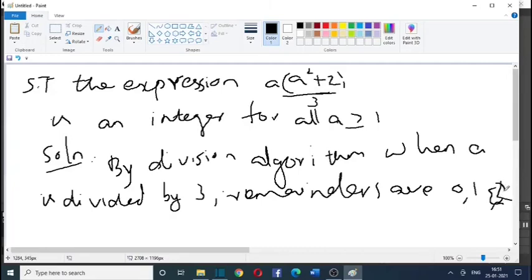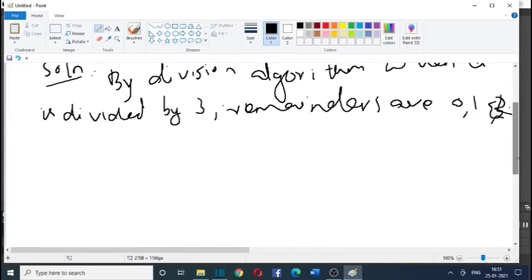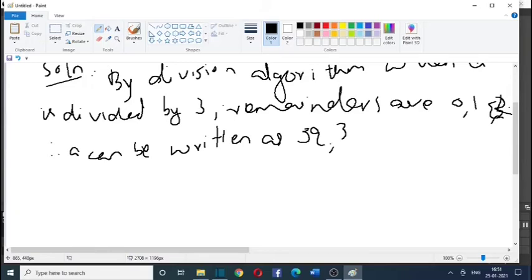Therefore, a can be written as 3q, 3q plus 1 or 3q plus 2.